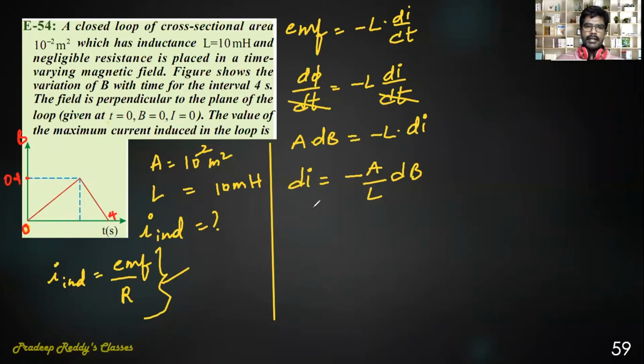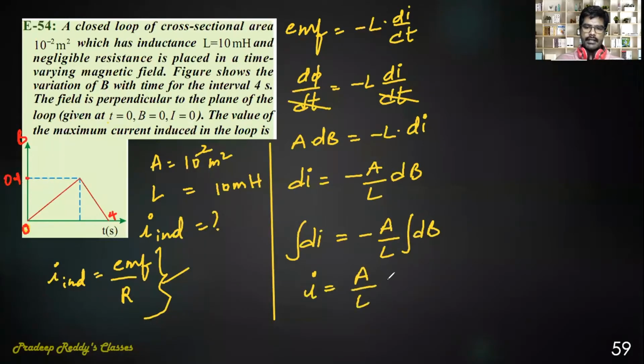Now, in order to find out the net current in the circuit, I'll just integrate this. Integration of di is equal to minus A by L into integration of dB. Integration of dB is B, and integration of di is I. So I can be written as A divided by L into B. I is maximum when B is maximum.